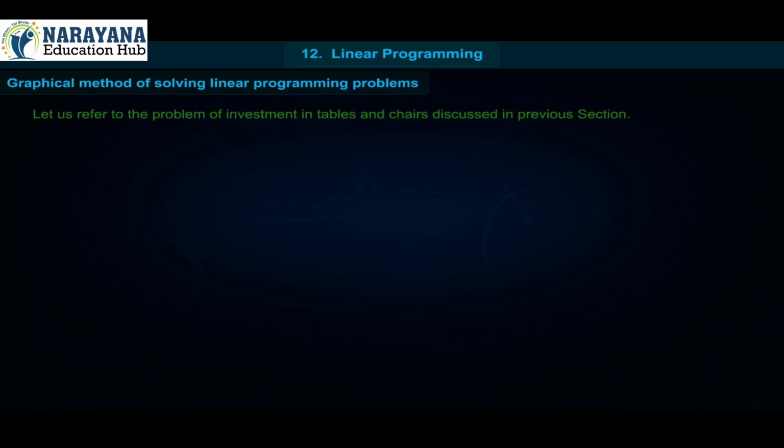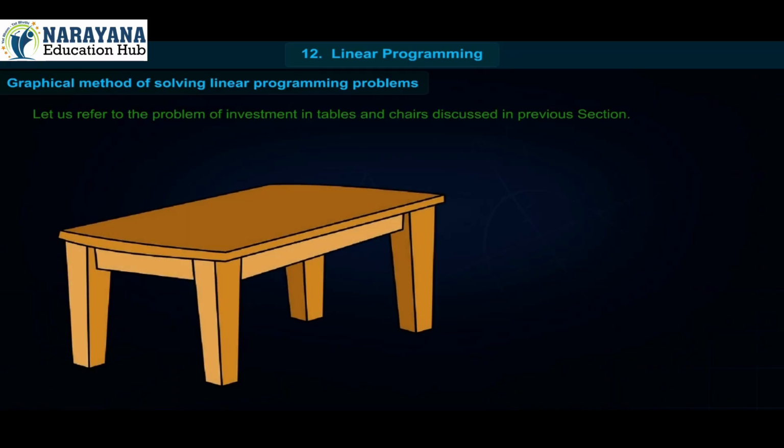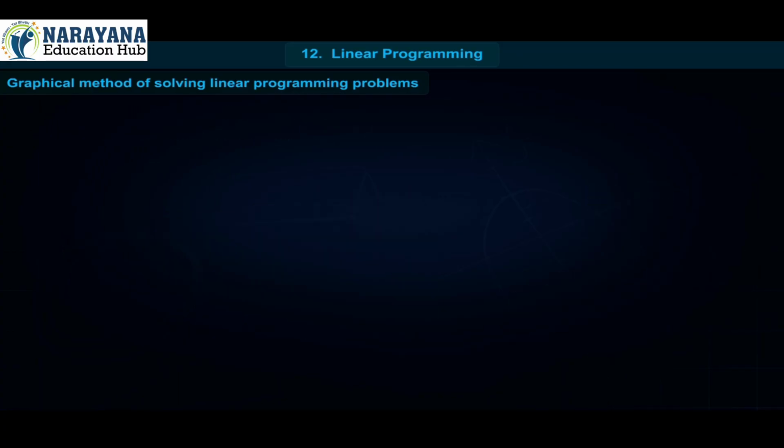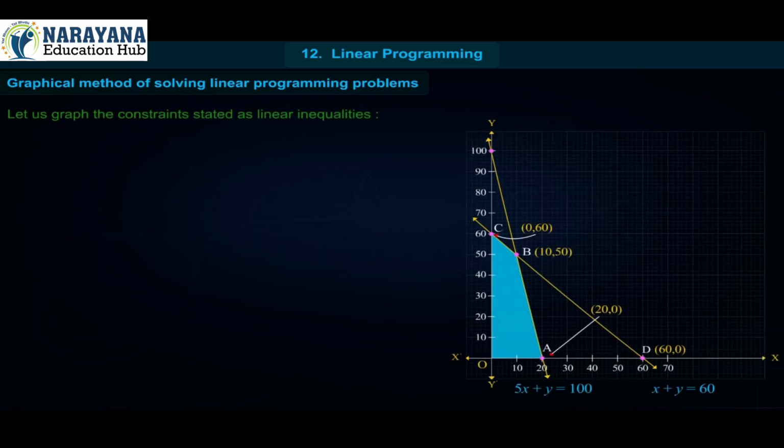Let us refer to the problem of investment in tables and chairs discussed in the previous section. We will now solve this problem graphically. Let us graph the constraints stated as linear inequalities. 5x + y ≤ 100, equation 1. x + y ≤ 60, equation 2. x ≥ 0, equation 3. y ≥ 0, equation 4.